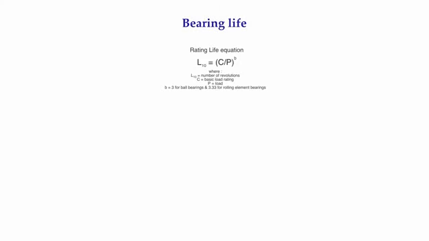There seems to be a relationship between how long a bearing lasts and the load imposed on a bearing. This statistical relationship is called the L10 life or B10 life or rating life.